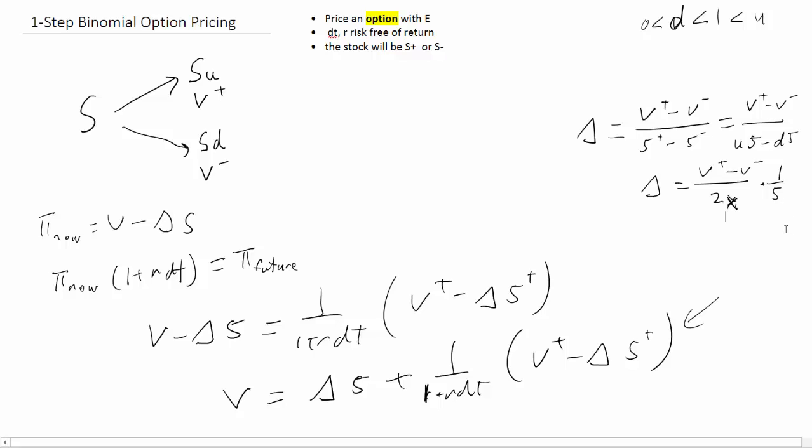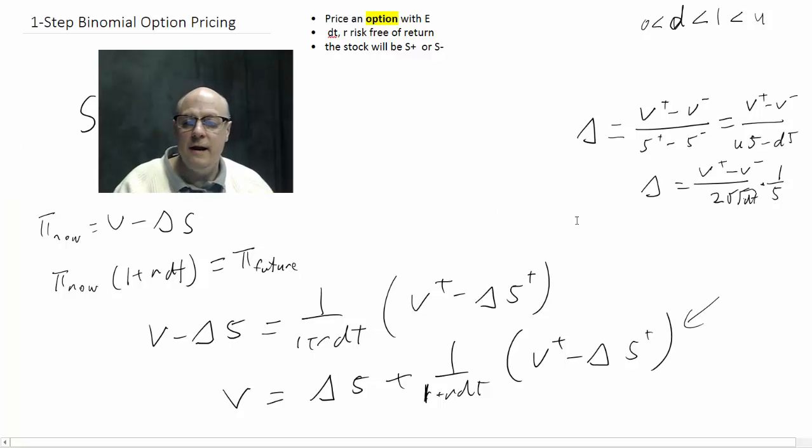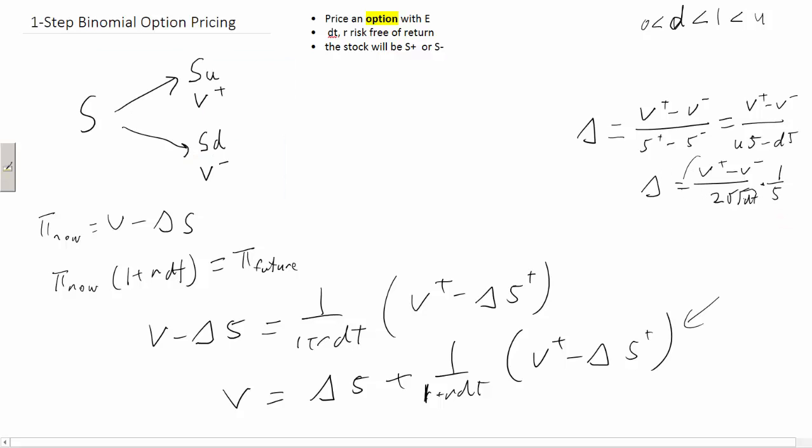But let's go back. Now I know what x is: sigma root dt. All right, I'm going to need some space. I know what this delta is in terms of v plus and v minus here. I'm going to take this delta formula and sub it into the equation that we made, into here and into here.